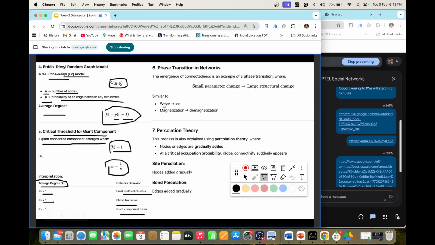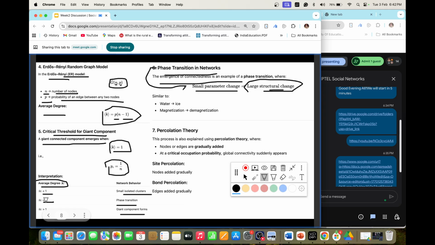And then there is the phase transition in networks: small parameter change, large structural change. The emergence of connectedness is an example of phase transition. By a small parameter change, we can get a large structural change.